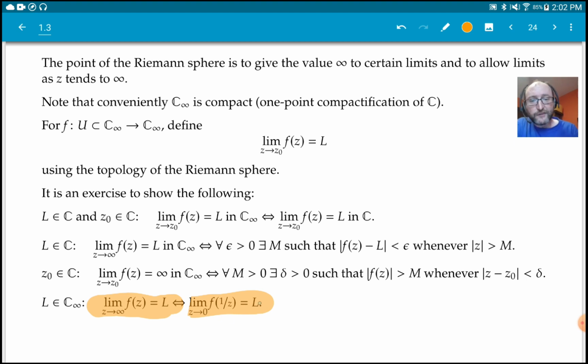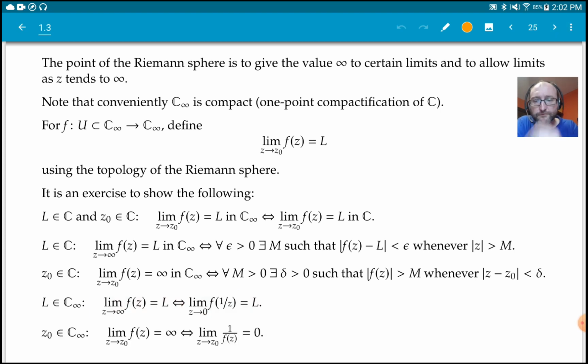And now over here, I can just think of that limit however I like. So if L is a complex number, I just think of the standard complex number convergence, right?